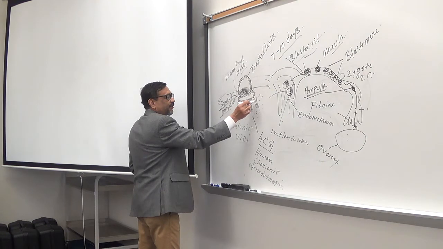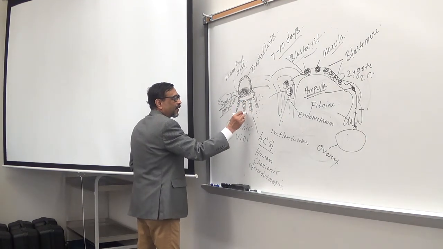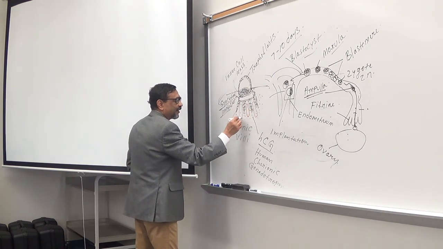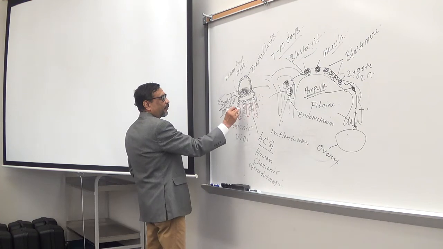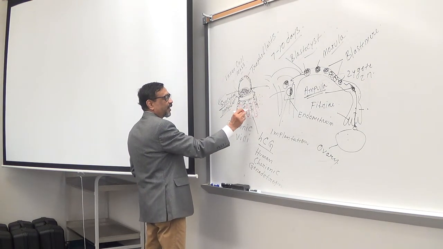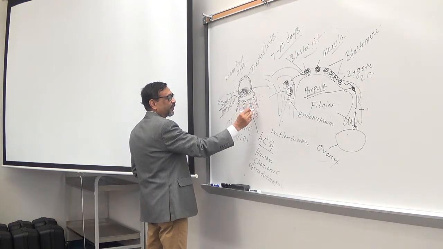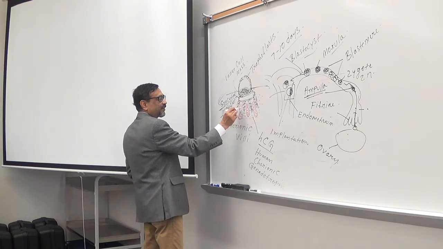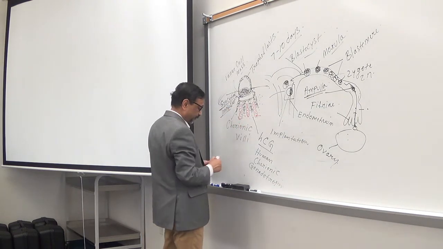Now, in between the villi, you have sinuses. Everybody knows sinuses now, right? Cavities where the mother's blood accumulates. So the mother's blood is here, in between the villi. And these sinuses or cavities are called lacunae.